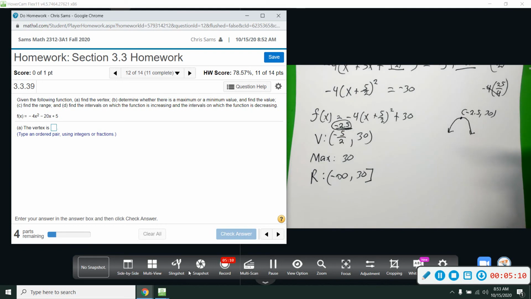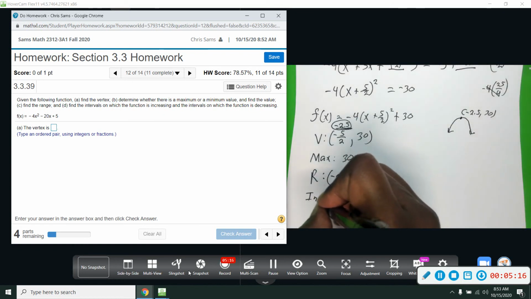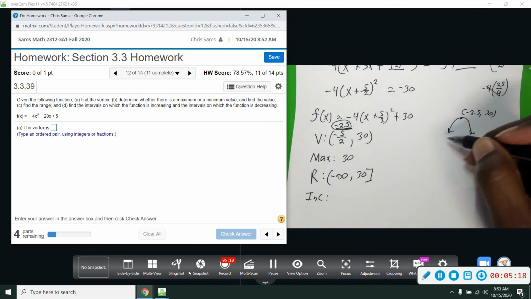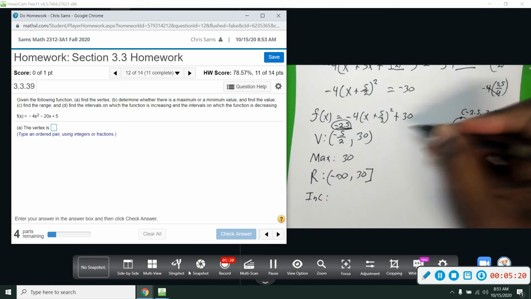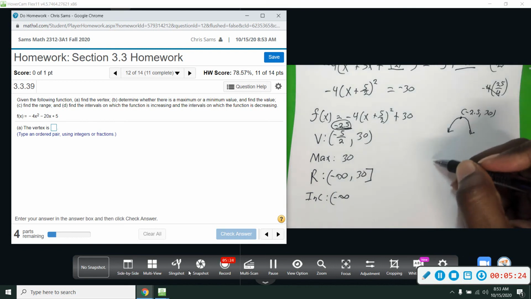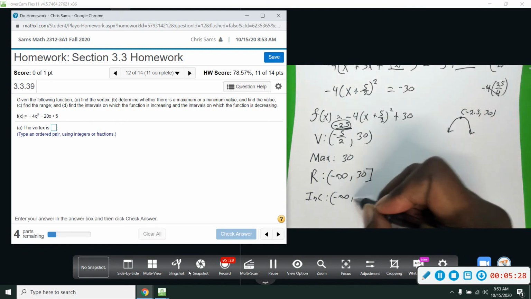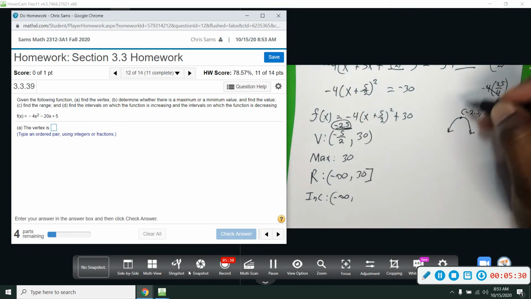And then increasing and decreasing. We read that from left to right. So increasing from left to right, from the left side being negative infinity, increasing until we get to this x value, going left to right, and that's reading the graph like this.